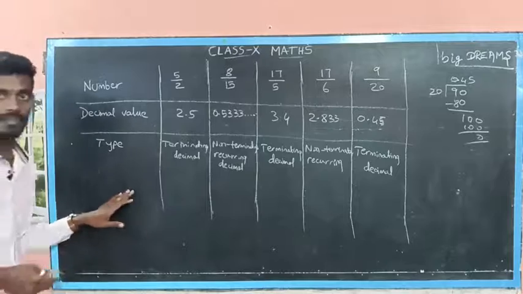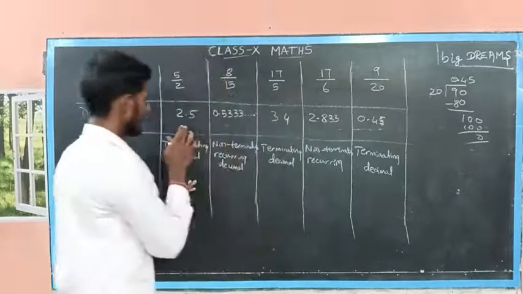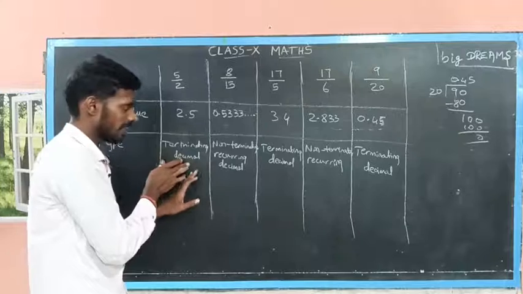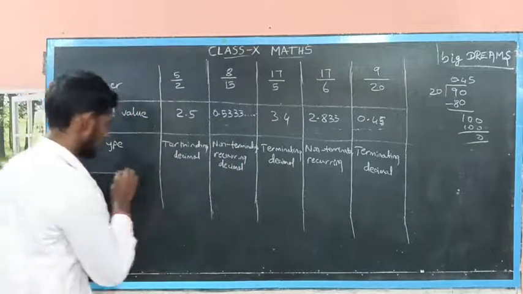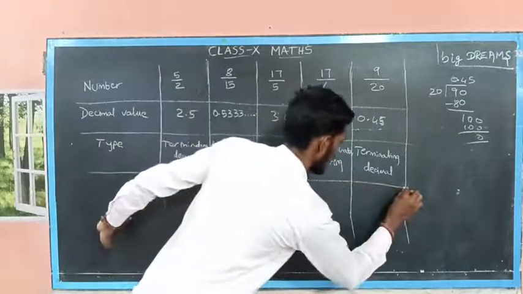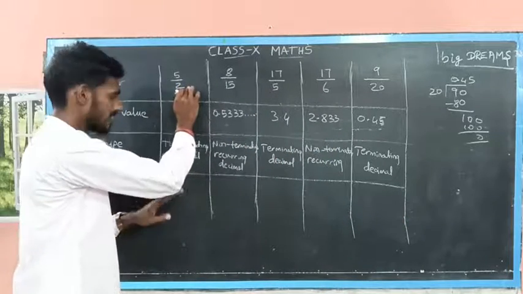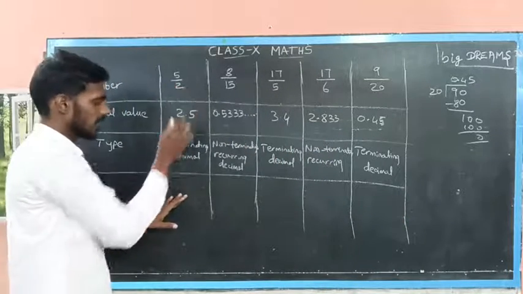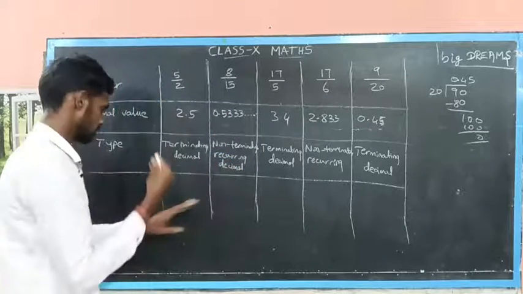Okay. Now we are actually dividing the given values and then telling whether it is a terminating decimal or non-terminating recurring decimal. So imagine you need not divide the given values. Without dividing, you can say whether it will have a terminating decimal or non-terminating recurring decimal.